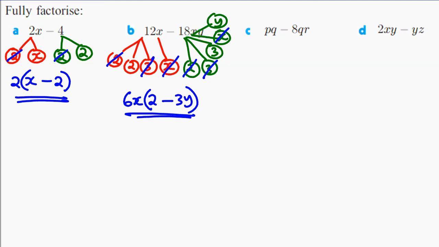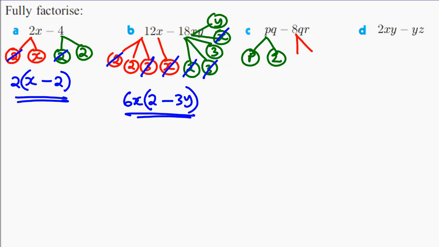In C, we'll do the same thing. Start by finding the factors, P, Q, and then here I'll have 2. I think it's better if I use a different color here.